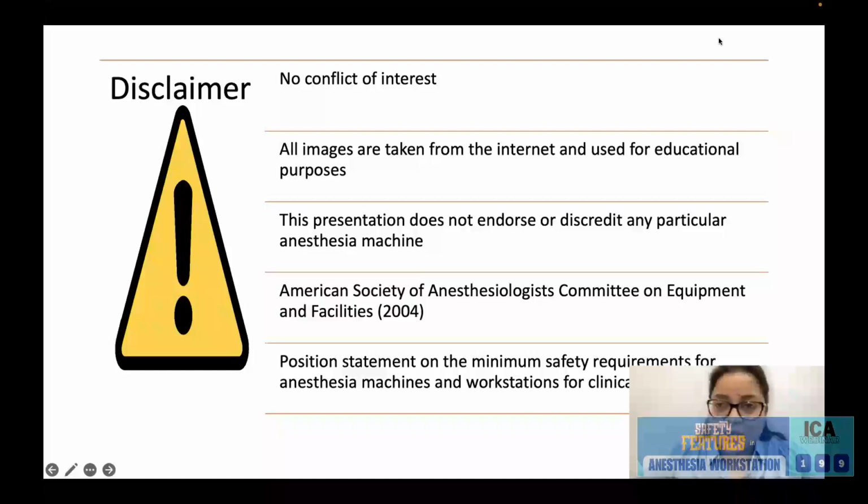All these recommendations are based on the American Society of Anesthesiologists Committee on Equipment and Facilities, put forward in 2004. Some points have also been taken from the position statement on the minimum safety requirements for anesthesia machines and workstations for clinical practice, put forward in 2021.